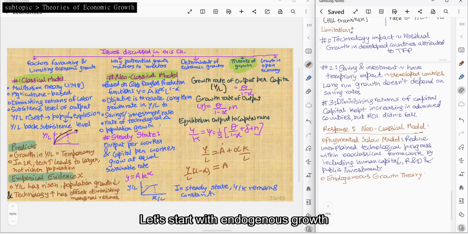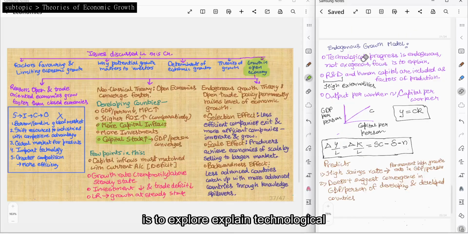Let's start with the endogenous growth model. Here, technological progress is treated as endogenous, meaning inside the model, and not exogenous. Here, the focus is to explain technological progress. So, the technological progress is explained by including research and development and human capital as factors of production.